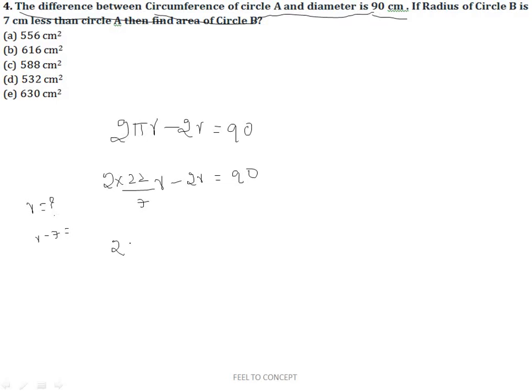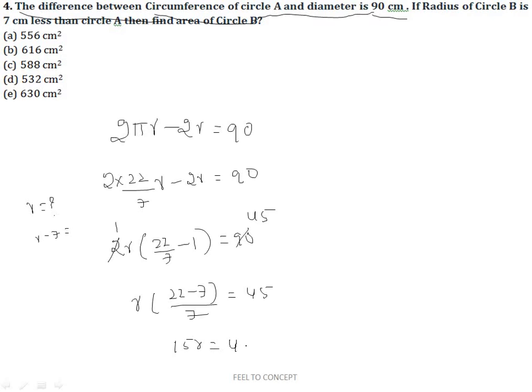2r is common. 2r times (22 by 7 minus 1) equal to 90. We need to simplify. Again, r equals 22 minus 7 divided by 7 equals 45. 22 minus 7 is 15, so 15r equals 45 into 7. 15 ones are 15, 15 threes are 45, so r equals 21 centimeters.